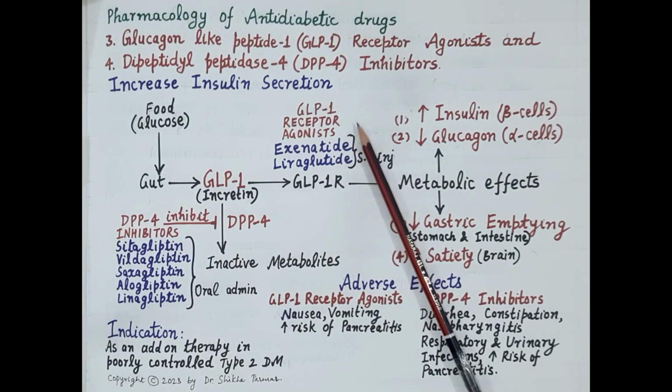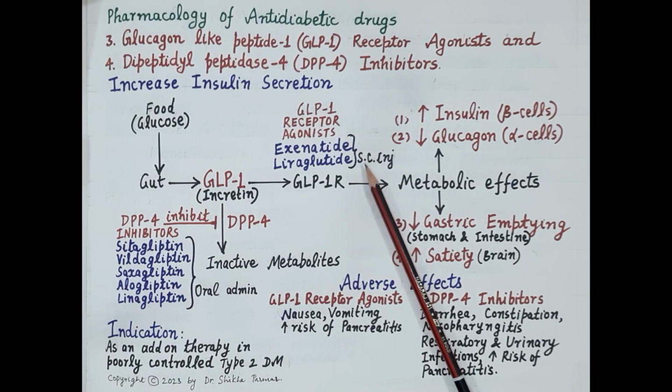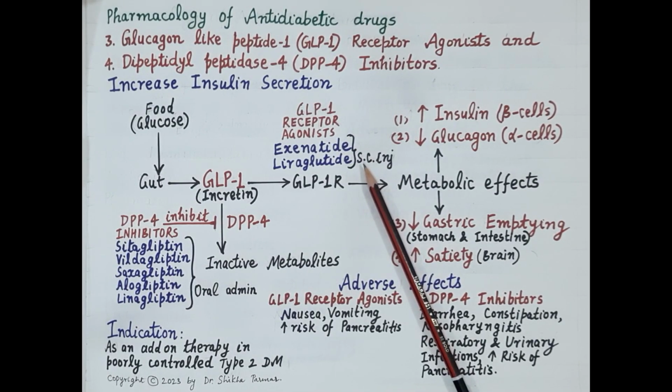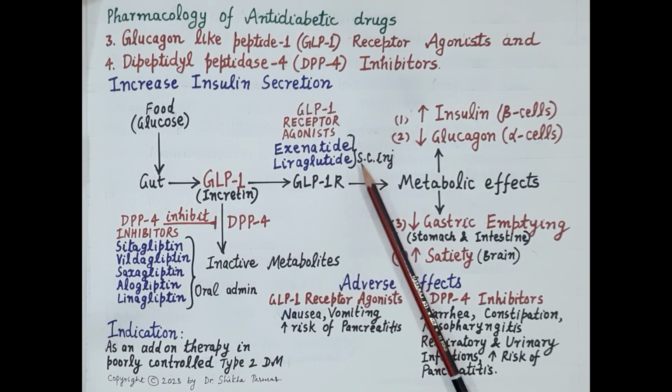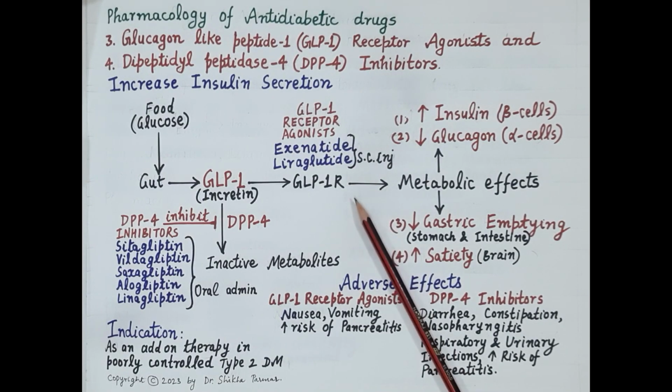Now, GLP-1 receptor agonists, namely exenatide, liraglutide, are administered subcutaneously. Now, these drugs are resistant to the action of DPP-4. That means these drugs are not broken down by DPP-4. These drugs stimulate GLP-1 receptors to produce the effects as produced by the natural GLP-1.